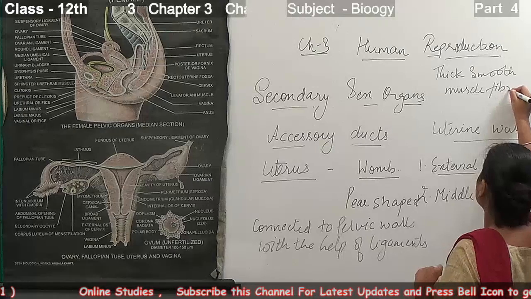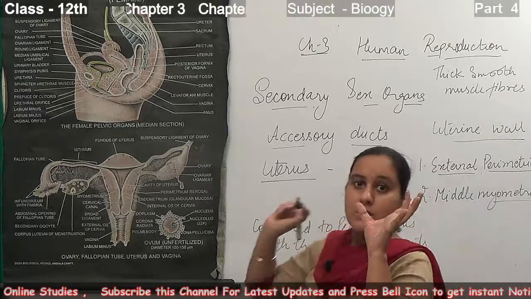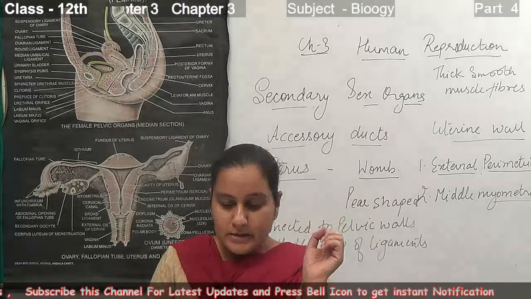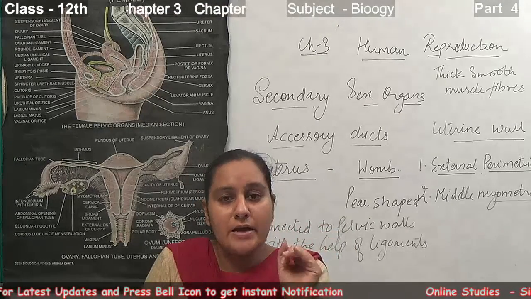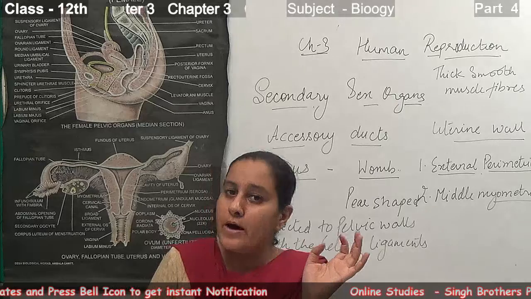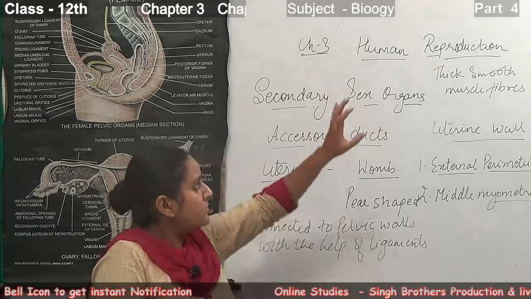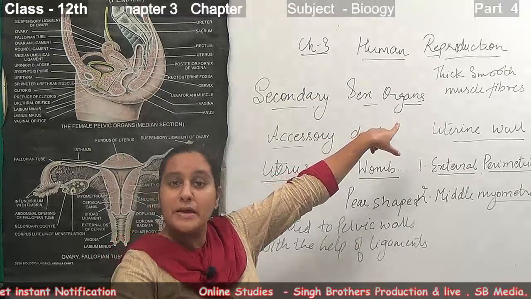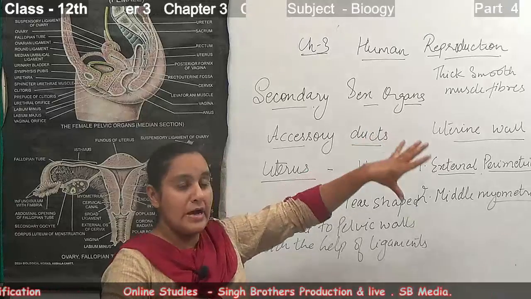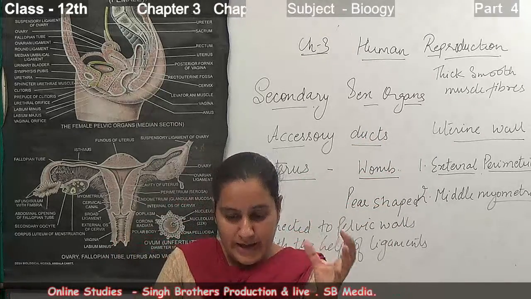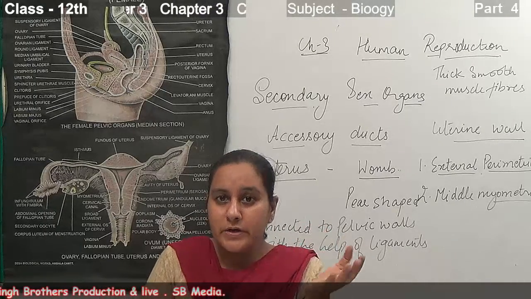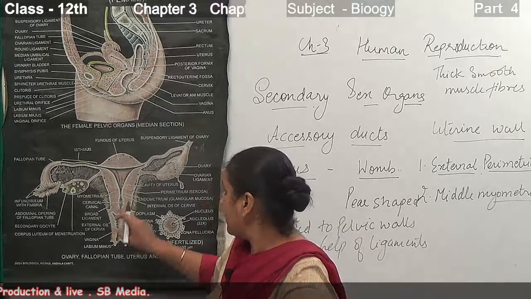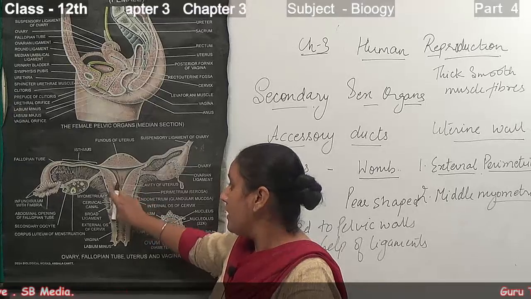So this myometrium is made up of thick, smooth muscle fibers that contract strongly during the delivery of a baby. So what is the myometrium? It is basically made up of thick, smooth muscle fibers that help in contraction during the delivery of the baby.